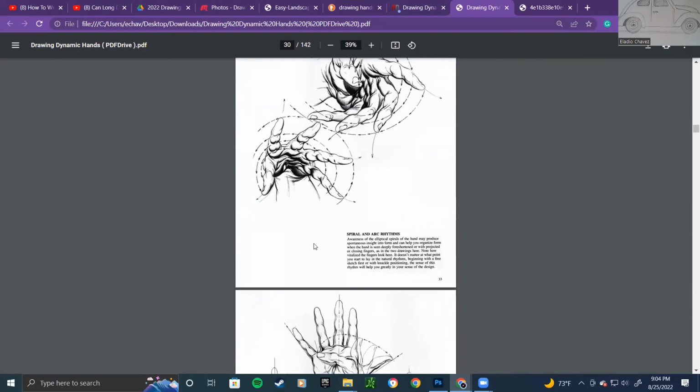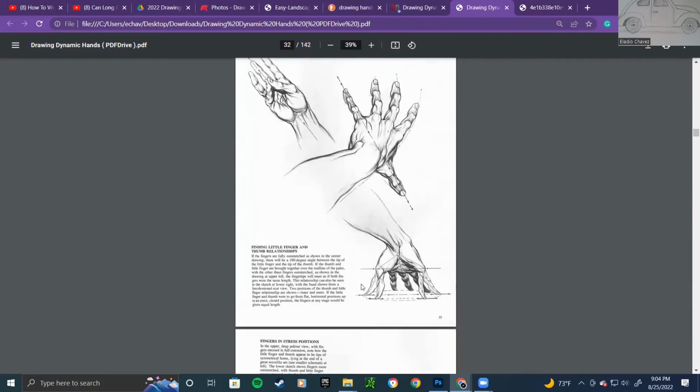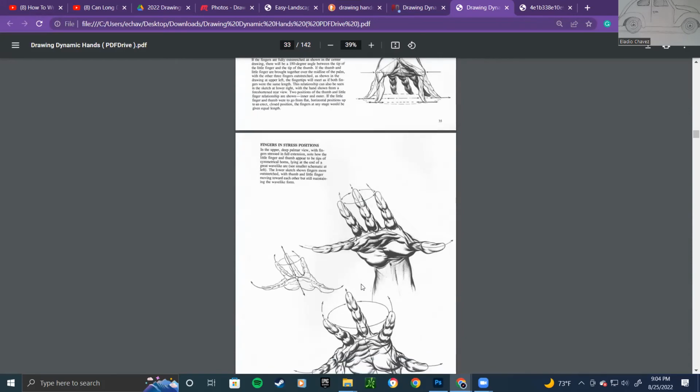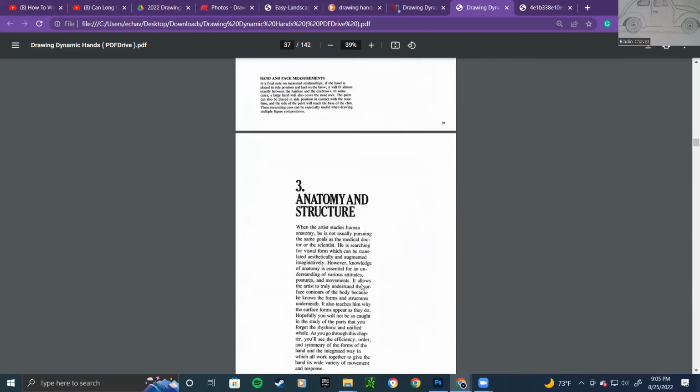Oh, this one's with foreshortening, spiral rhythms. I know, it's interesting.